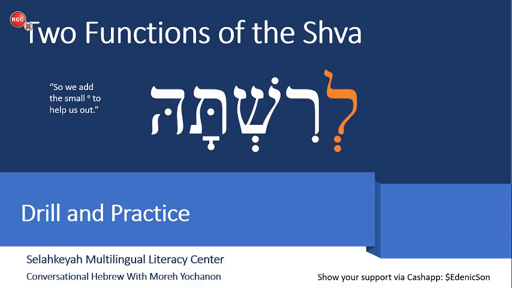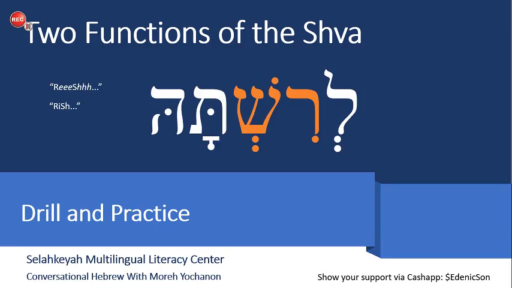Le. It's like a really small E sound. Le. Okay? And then we move on to the second syllable, or what's after the first shva, which is rish. And that the second shva is telling us what? After you sound the shin, stop the sound, take a breath.